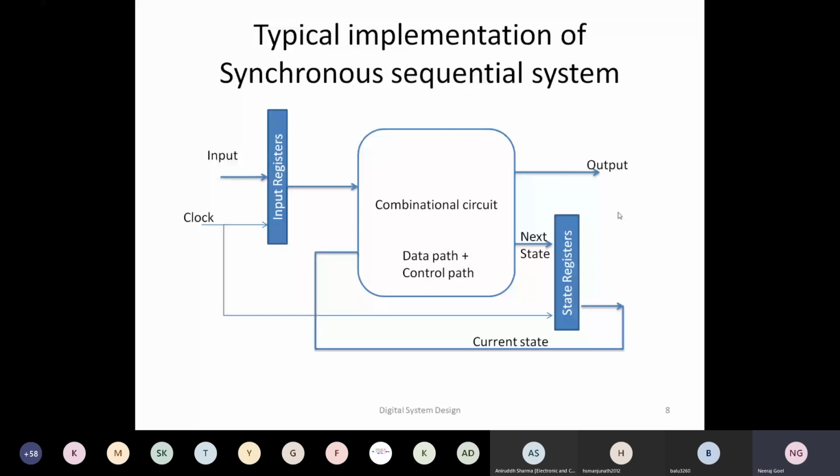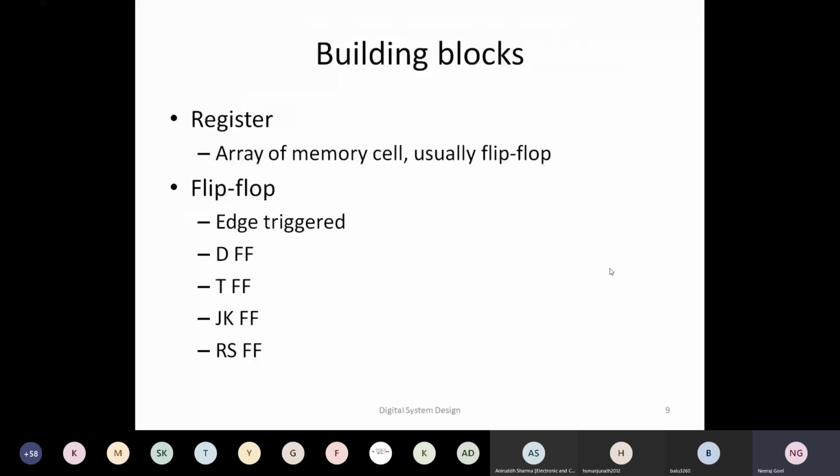So right now we focus on the fact that this would require certain registers, and we should understand what a register means. A register is essentially an array of memory cells. We can simply say flip-flops. Why not latches? That's an interesting question: why do we use flip-flops, not latches?